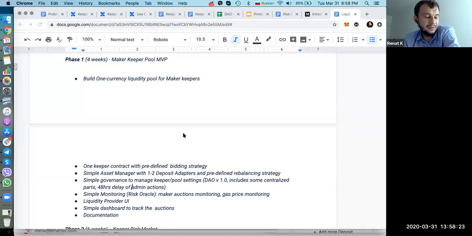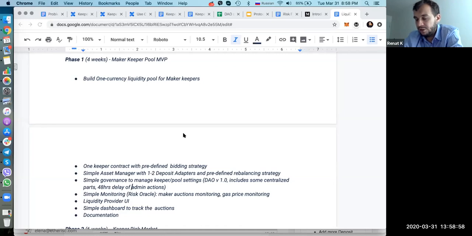There are two things I could comment here. The very reason why we think, and many in the community think, that this keeper pool approach will be more successful than individual keepers is because of the economy of scale and the total amount of assets that it can deploy.